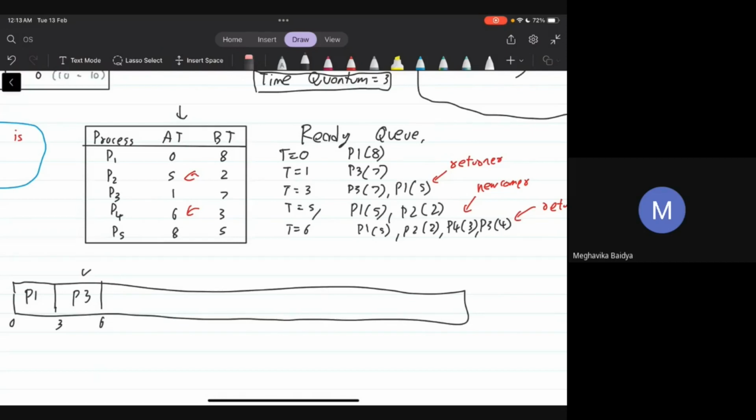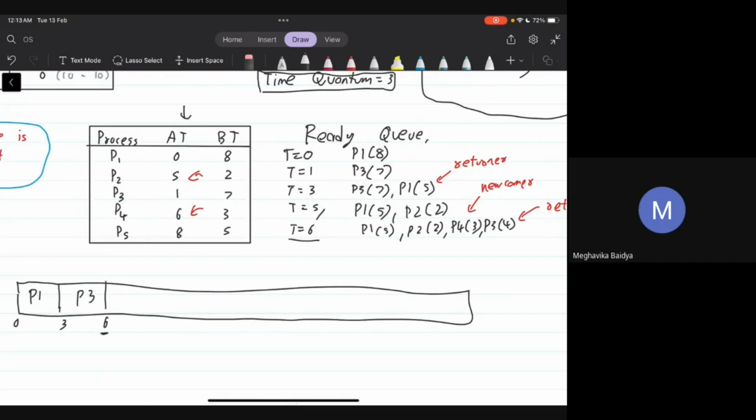P3 is in the queue and the returner, which is P1, executed 3 seconds and came back, so now he's next in line from P3. So P3 is getting executed, and then at t equals 6 we have P1, the next one, and you do this for 3 seconds, which is 9.